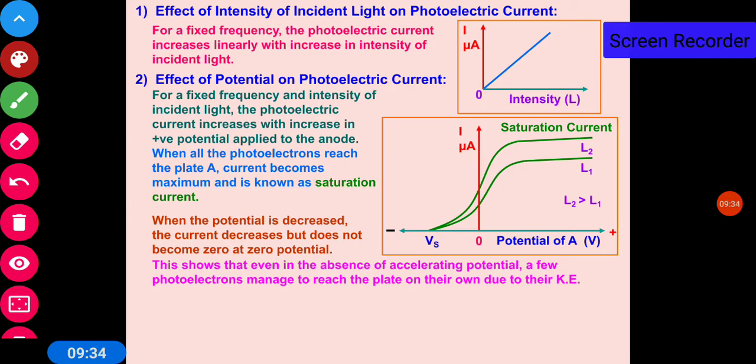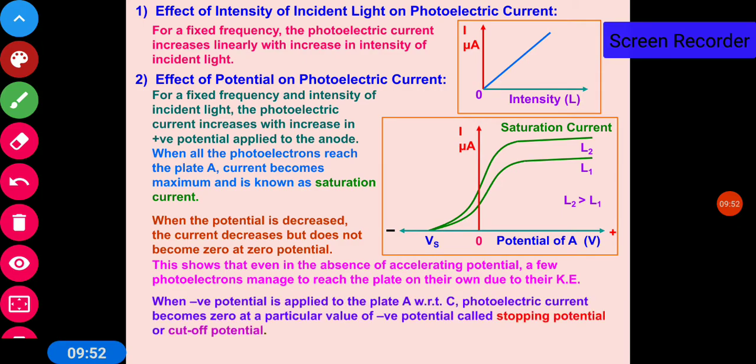So listen once again: even when the potential of the anode is zero, there is still a photocurrent, because some of the photoelectrons have kinetic energy of their own due to which they reach the anode and constitute the photoelectric current. When a negative potential is applied to the plate A with respect to C, the photoelectric current becomes zero at a particular value of negative potential, called the stopping potential or the cutoff potential.